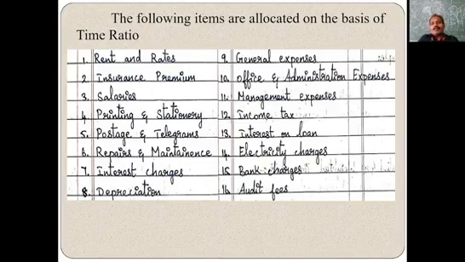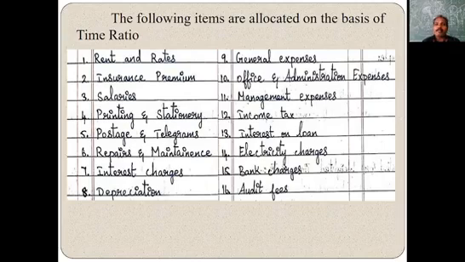The following items are allocated on the basis of time ratio. So what are all the expenses allocated on the basis of time ratio? Rent and rates, insurance premium, salaries, printing and stationery, postage and telegrams, repairs and maintenance, interest charges, depreciation, general expenses, office and administration expenses, management expenses, income tax, interest on loan, electricity charges, bank charges, audit fees.